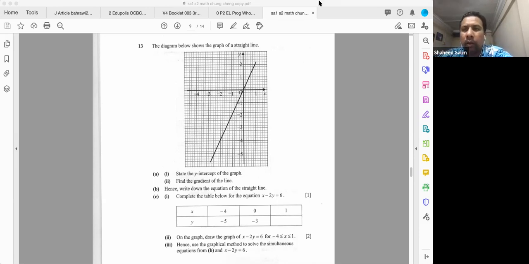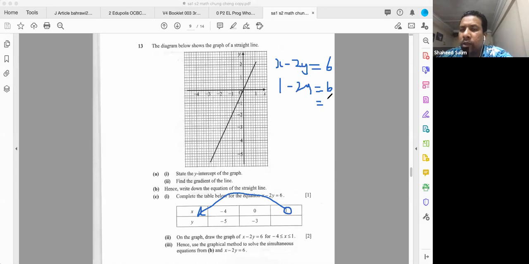No. Okay, so if not, I'm just gonna run through again. You just copy down the equation x minus 2y equals to 6. So this x now is 1. Can you see, Ryan? This one is 1. So I just put 1 down here, 1 minus 2y equals to 6. Then now I want to bring the 1 over that side.